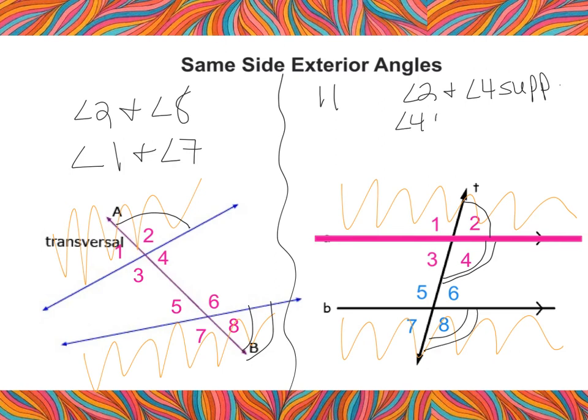So angle 4 is congruent to angle 8 in this diagram because corresponding angles are congruent. Therefore, angles 2 and 8 are also supplementary. So when two lines are parallel, all same-side exterior angles are supplementary.